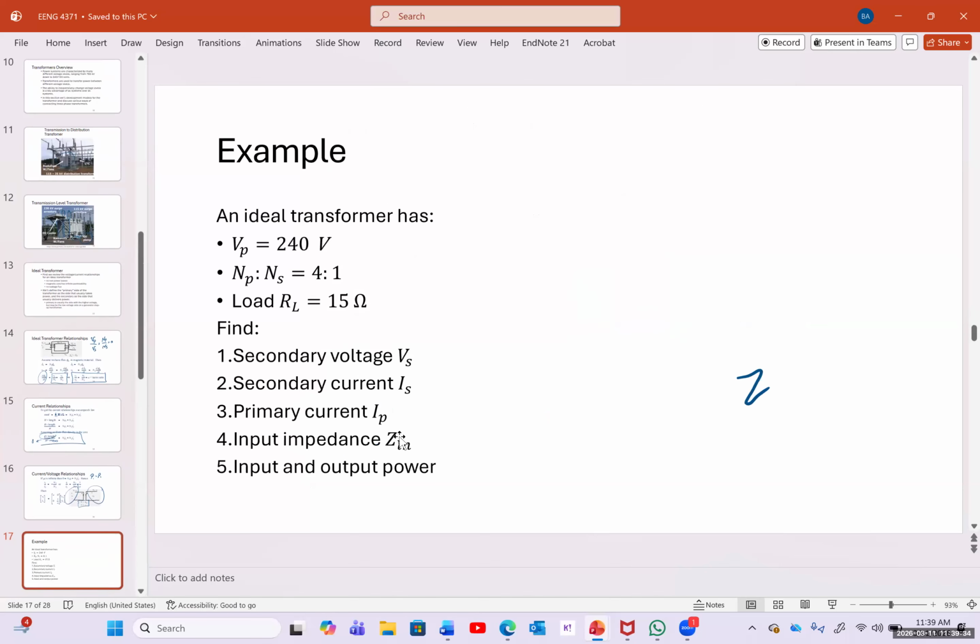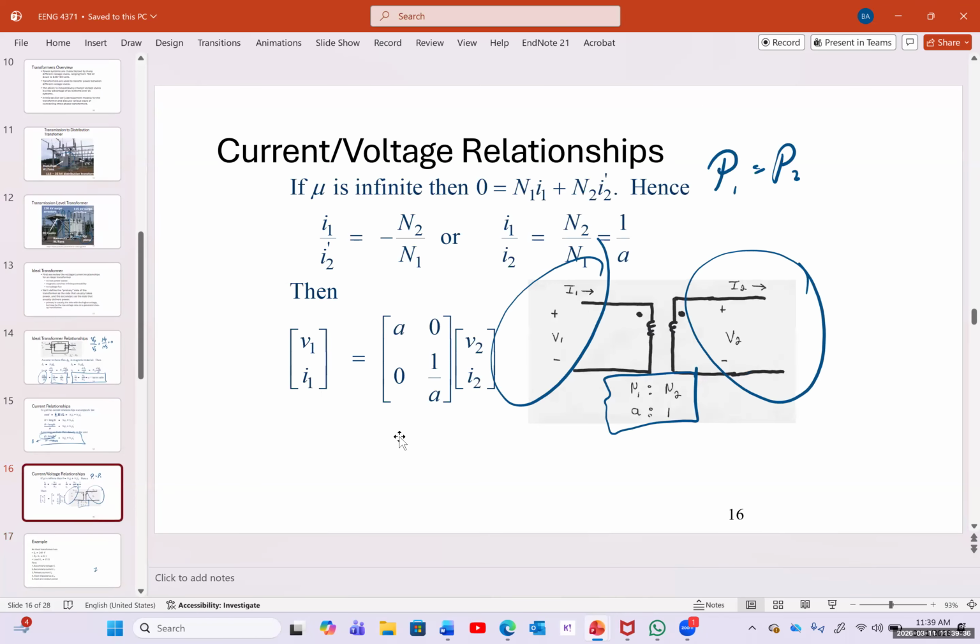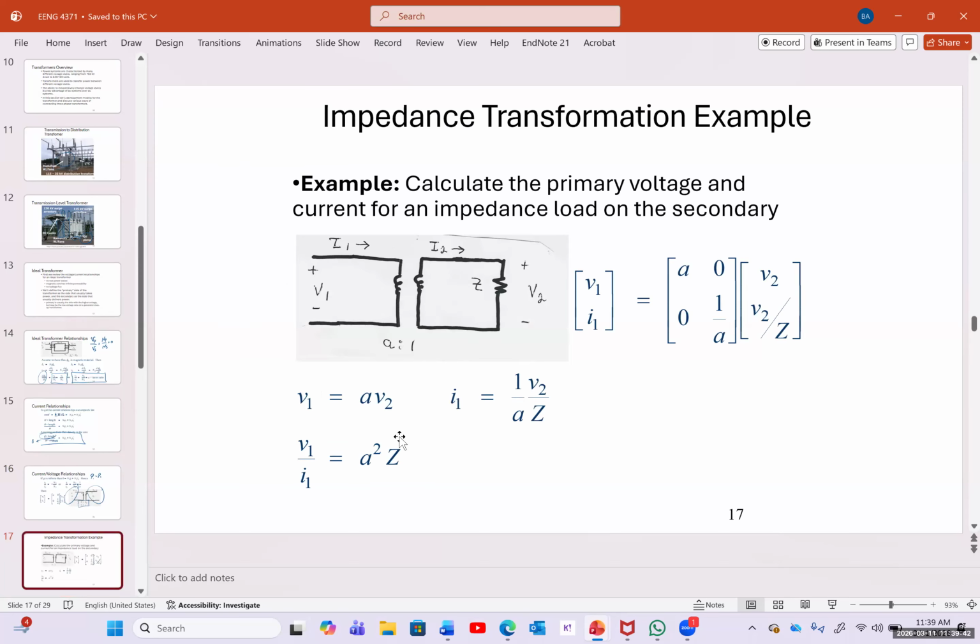We know that impedance using Ohm's law, Z, Ohm's law, is going to be equal to V over I, or V is equal to IR.